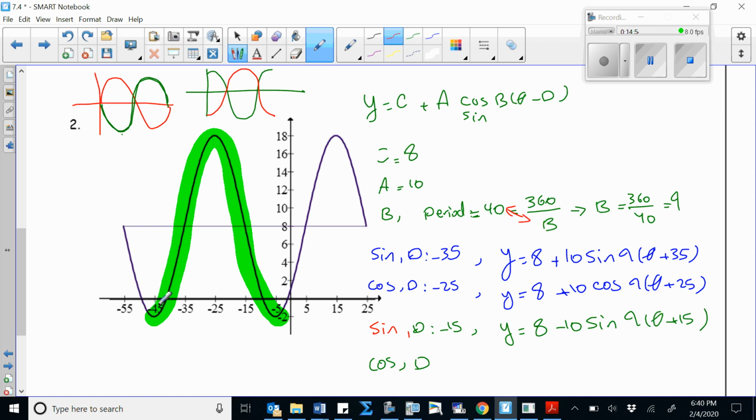D value is negative 45 here. Now I can write the function y equal to 8 minus, so I wrote negative because this is an upside down cosine function, minus 10 cosine 9 theta minus negative 45, which will be plus 45.